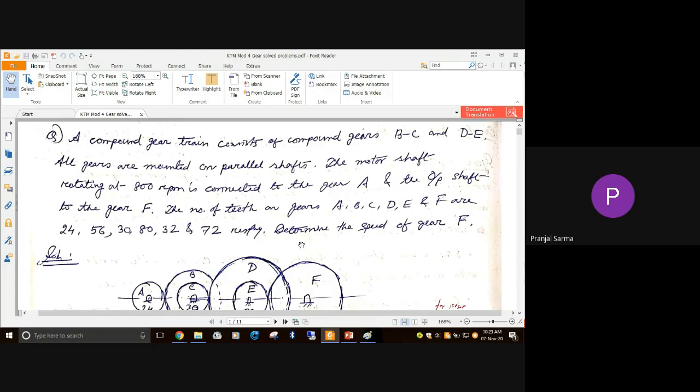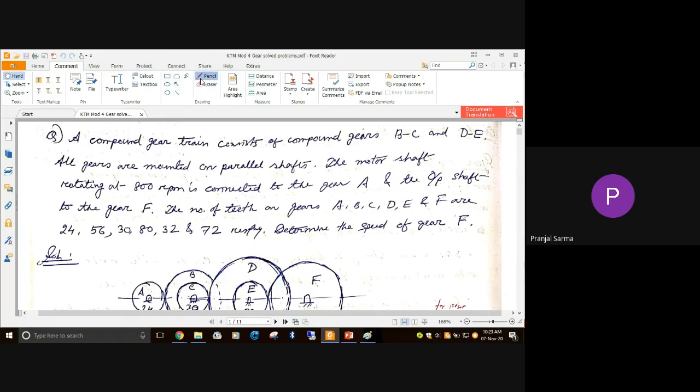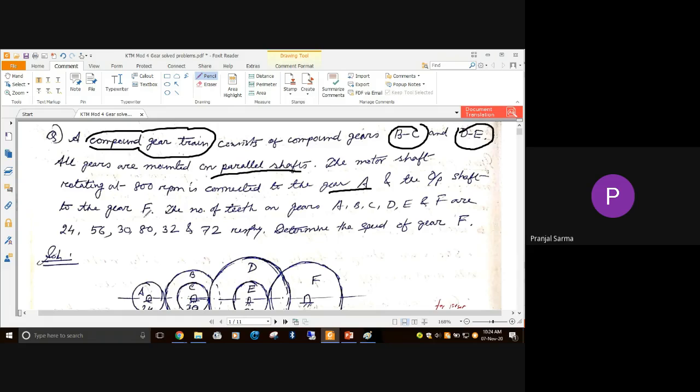With this data, you have to determine the speed of the driven gear F. Once you go through the problem statement, we already understand these things: it is a compound gear train, the compound gears are the combination BC as well as the combination DE, the shafts are parallel, A is the driver connected to the motor shaft, the output is F, and the numbers of teeth are given.